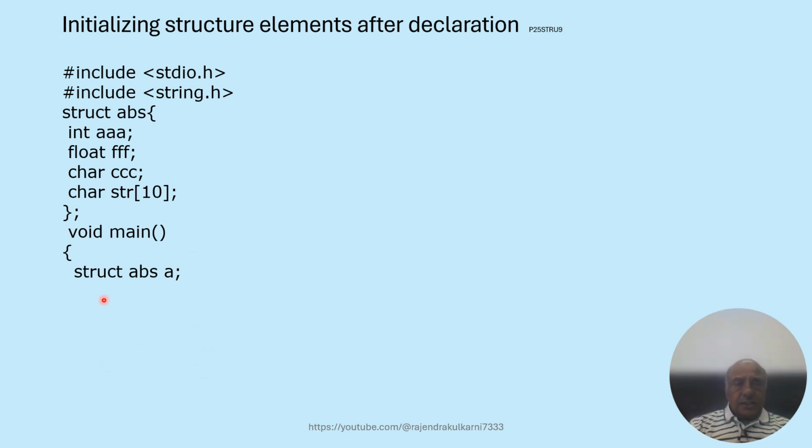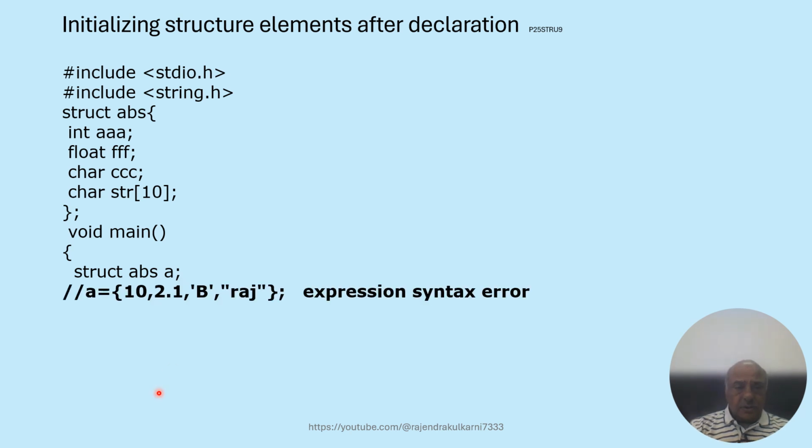So we have declared a structure variable A by this statement struct ABS A. If we try to initialize it in the same way as we did in our first program, by assigning values within braces and then a semicolon, we will get a syntax error, which will be thrown at the time of compilation of the program.